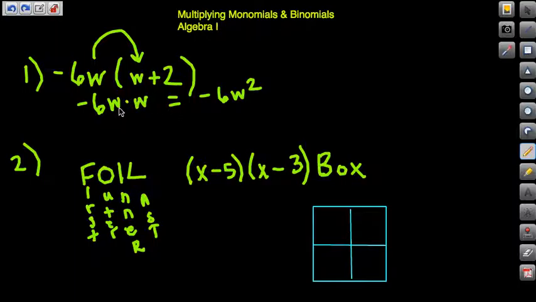Remember, when we multiply two variables, we are adding the exponents. So you can think of it as w to the first power, which is 1 plus 1, and that's w squared.